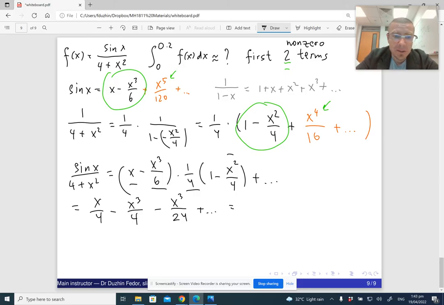So this is x over 4 minus 1/4 plus 1 over 24 times x cubed, and these are the first two non-zero terms of the series.